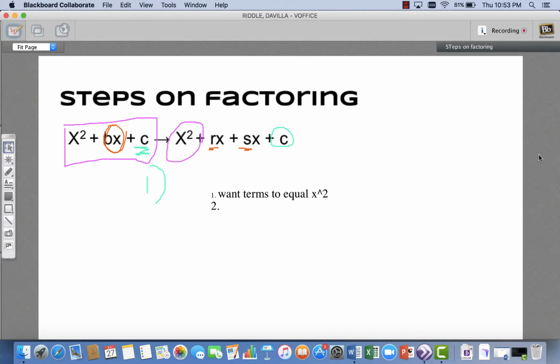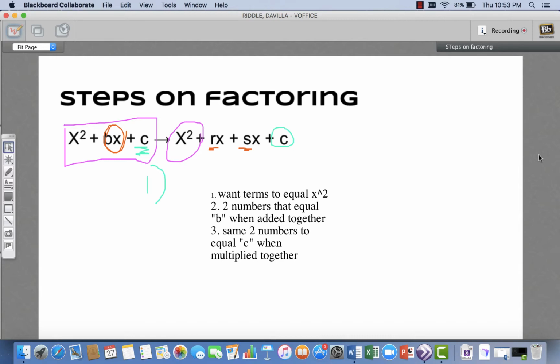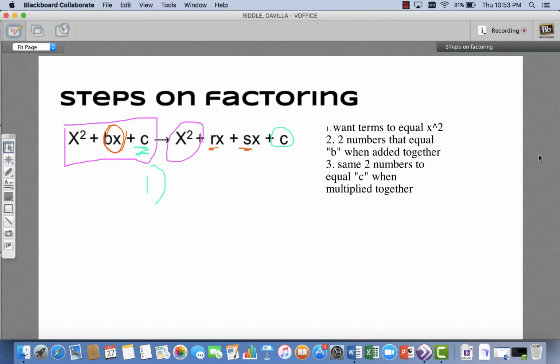And then we want our two numbers that equal c when added together. And we want those same two numbers to equal c when multiplied together. So these are the steps on factoring.